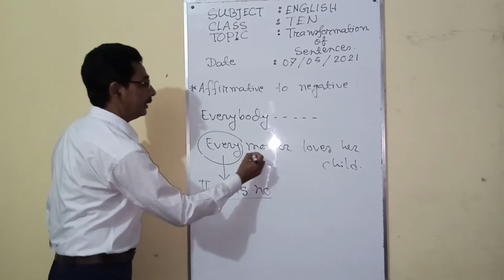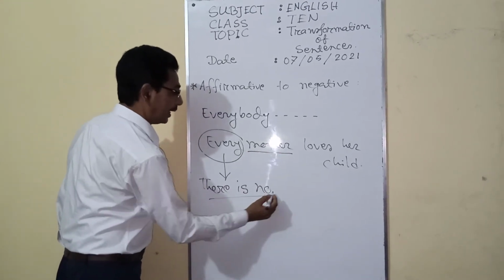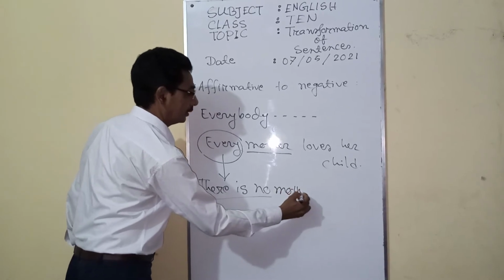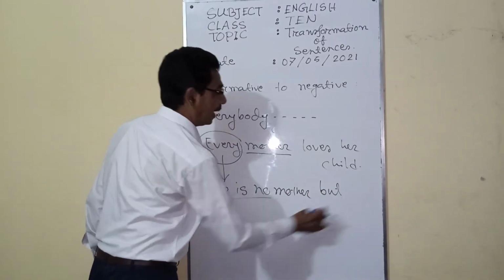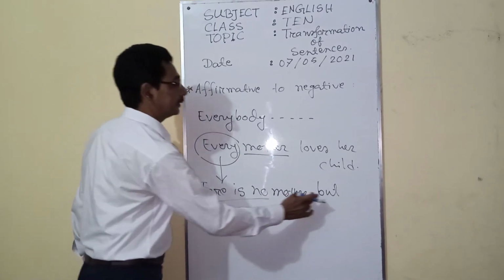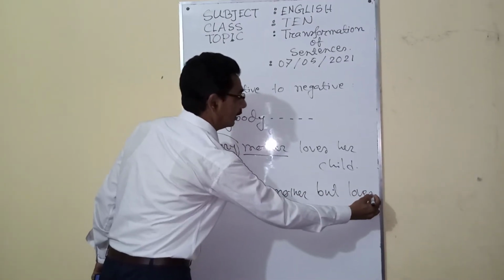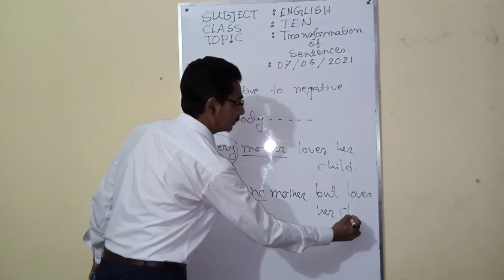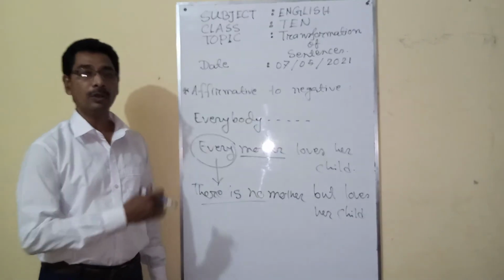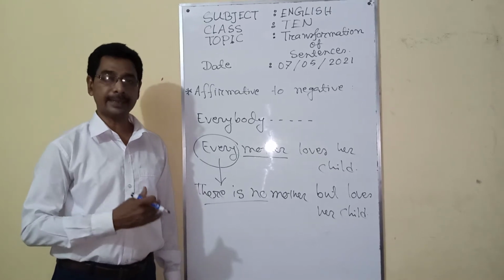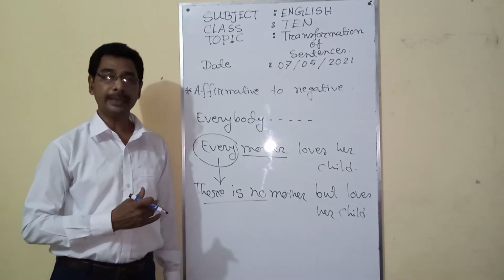There is no, you see, and this is a noun: there is no mother. Then you have to add but. There is no mother but loves her child. This is a very common rule of transformation of sentences from affirmative to negative.